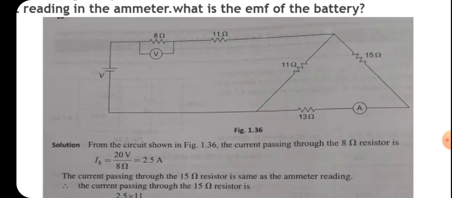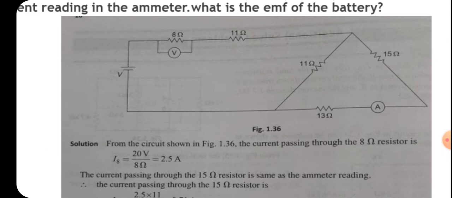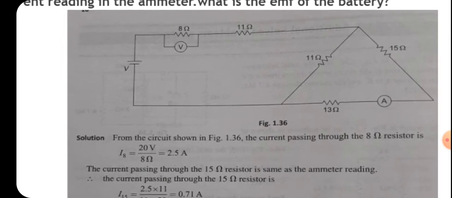So we get one quantity. And next we have to find out the voltage drop across the series combination of 8 ohm and 11 ohm. We know that the current through 8 ohm will be equal to 2.5, and the same current will flow through 11 ohm.